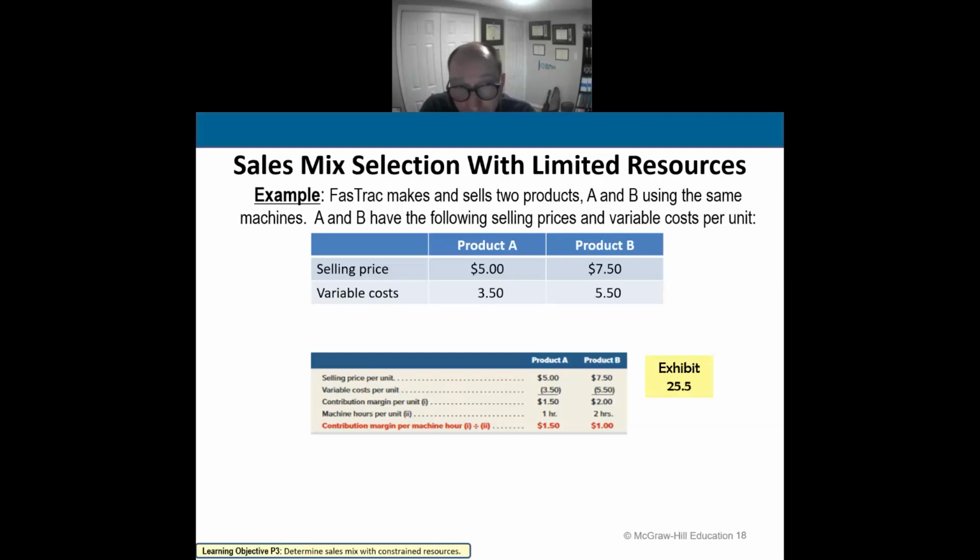But now we need to also factor in the machine hours. Because based off of this information alone, so far product B looks great, right? Oh, $2 contribution per unit. That's fantastic.